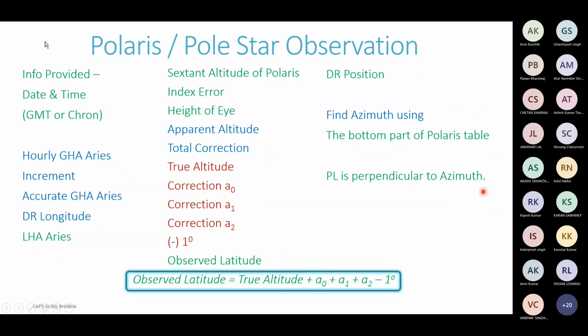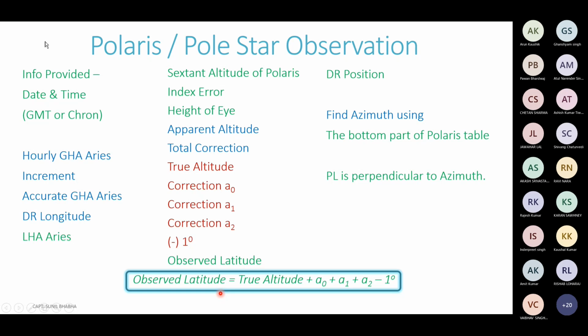If the PL is running in the east-west direction, then that position line will also be our fixed latitude, because when you move in the east-west direction, the latitude does not change. So whatever observed latitude you have obtained from Polaris will be your fixed latitude also. But this will happen only in those two particular ranges of LHA Aries, where the azimuth is exactly 0.0.